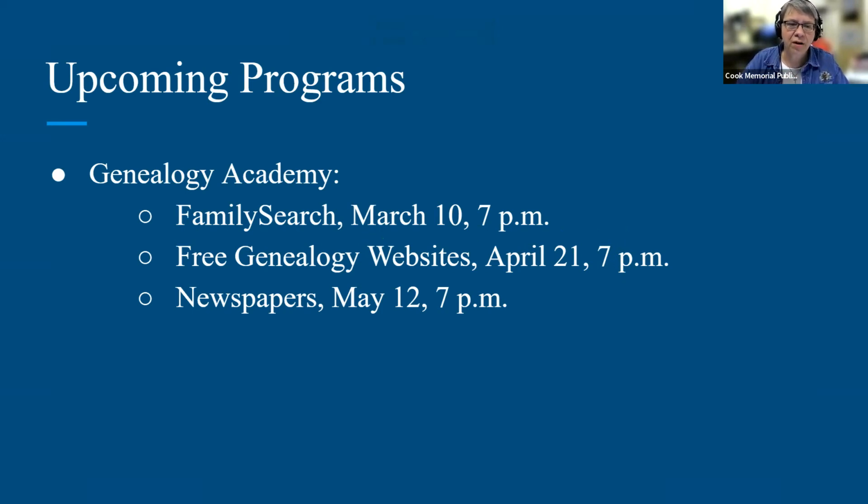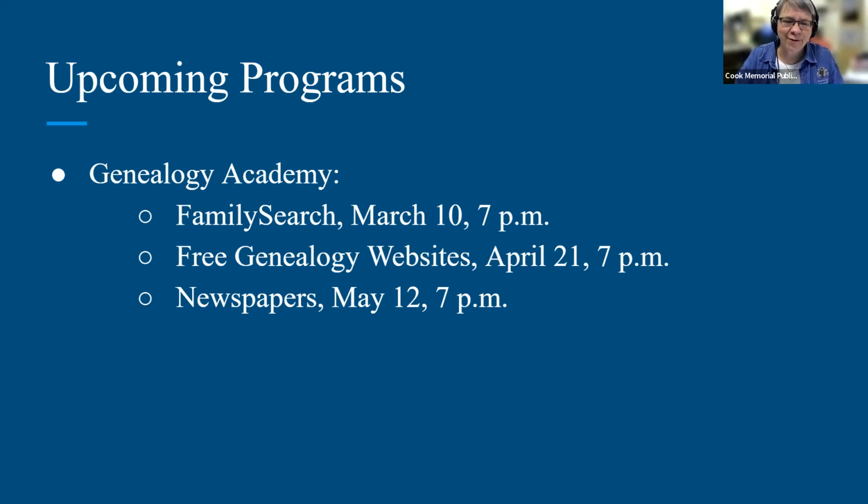In March, we'll be talking about Family Search, which is a free database, and I would compare it and say it's just as important as Ancestry, with a whole different set of types of records and different ways of searching. In April, we'll talk about free genealogy websites, because genealogy can be an expensive habit.